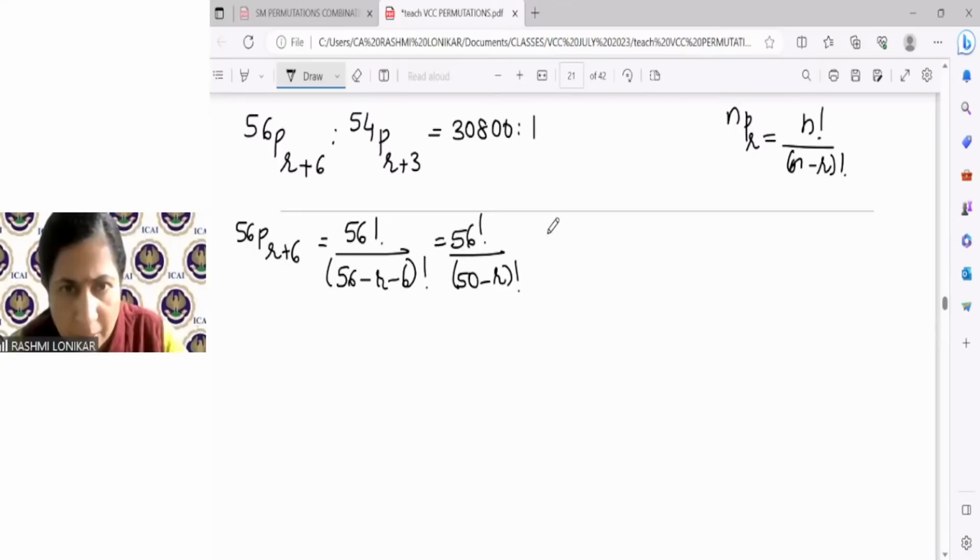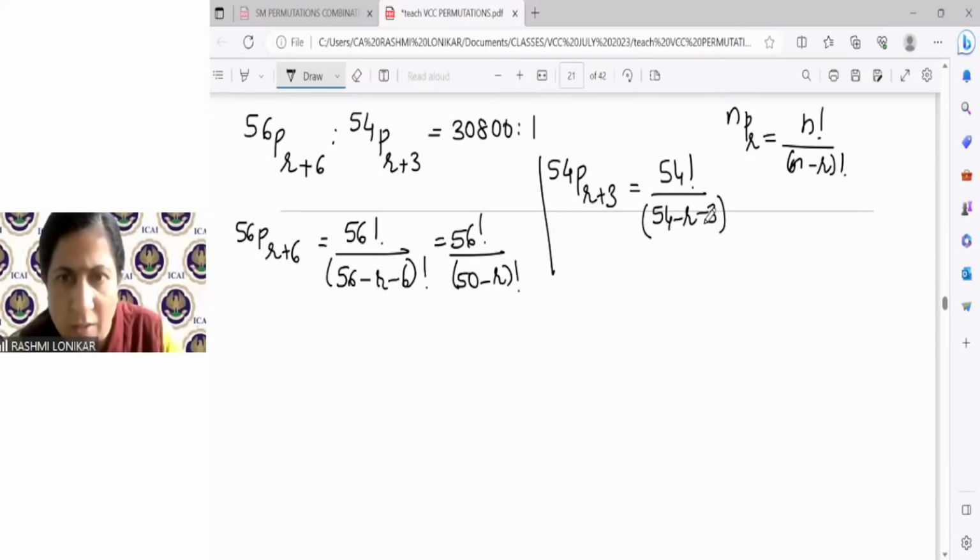Okay. 54P(r+3) is going to be equal to 54 factorial upon 54 minus (r+3) factorial, which is 54 factorial upon (51 minus r) factorial.